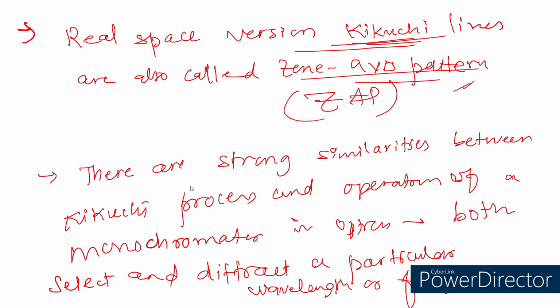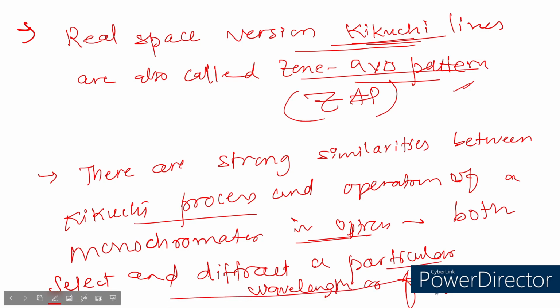There is a strong similarity between the Kikuchi process and the operation of a monochromator in optics. Both select and diffract a particular wavelength or frequency.